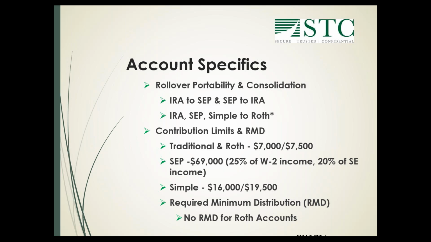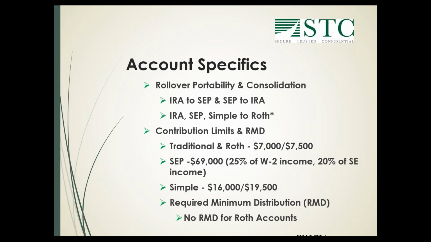You are required to take a minimum distribution. Now, the age limit has gone up, and it does stay the same for 2024 as it was in 2023, which is 73. So if you are 73 years or older, you will be required to take a minimum distribution from your plans that require it. Now, there is no RMD requirement for Roth accounts. So if that's the only account you've got, you're not required.